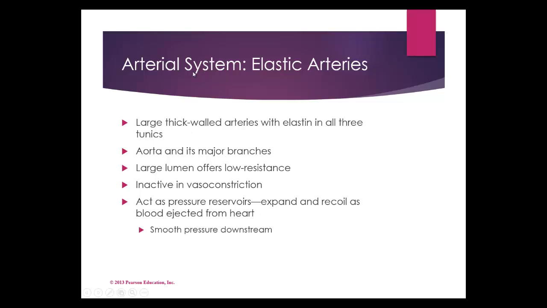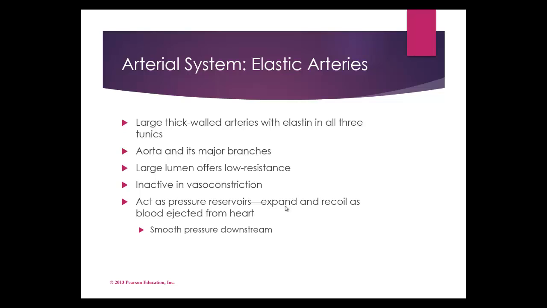So again, looking at arteries then, there are three different types of arteries. The elastic arteries are thick-walled arteries. An example is the aorta and all the major branches of the aorta. So these are very large arteries. They don't constrict and contribute a lot as blood pressure regulators, but they receive the blood coming from the heart, so they are a reservoir for pressure, so they can expand and recoil to receive the blood from the heart.